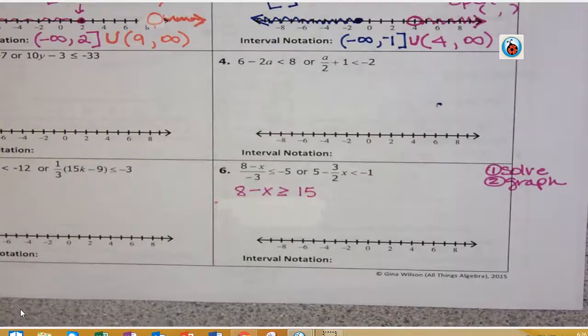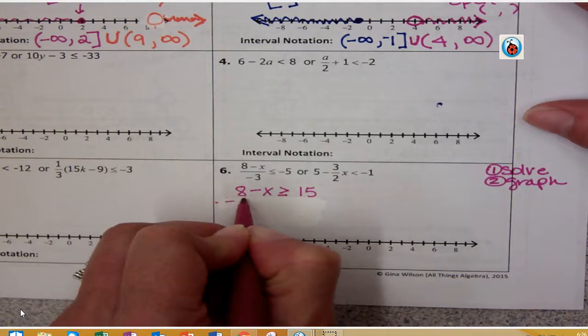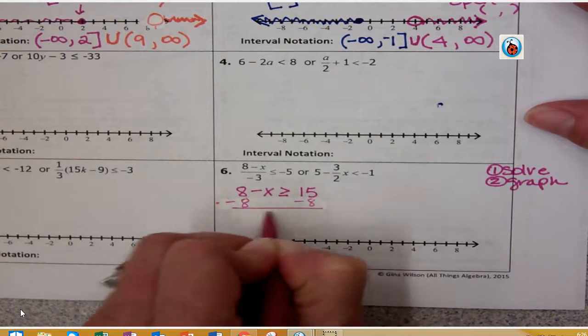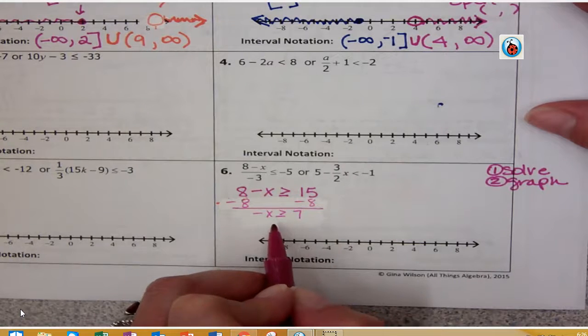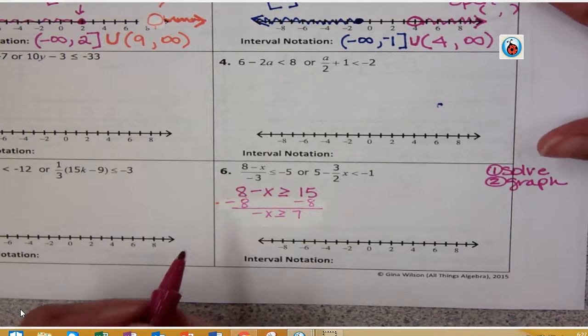At this point we need to get the 8 over to the other side, so we subtract 8, and we're left with negative x greater than or equal to 7. But we have a negative here. In order to get rid of that negative, I'm going to multiply both sides by negative 1.